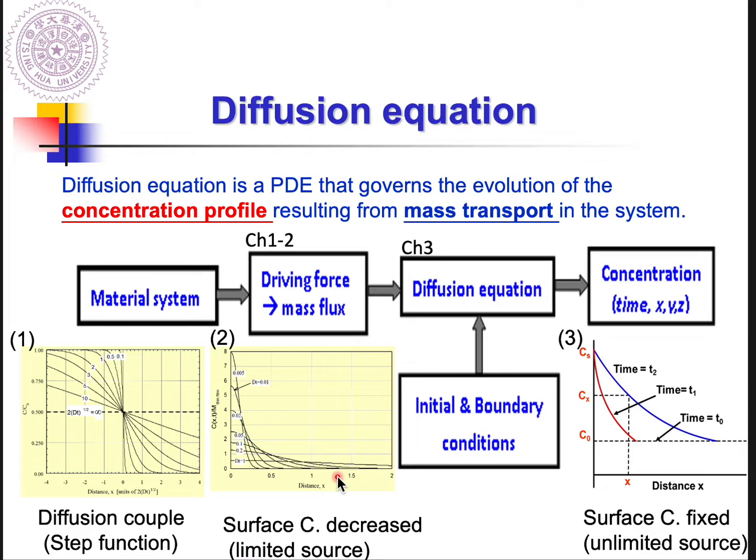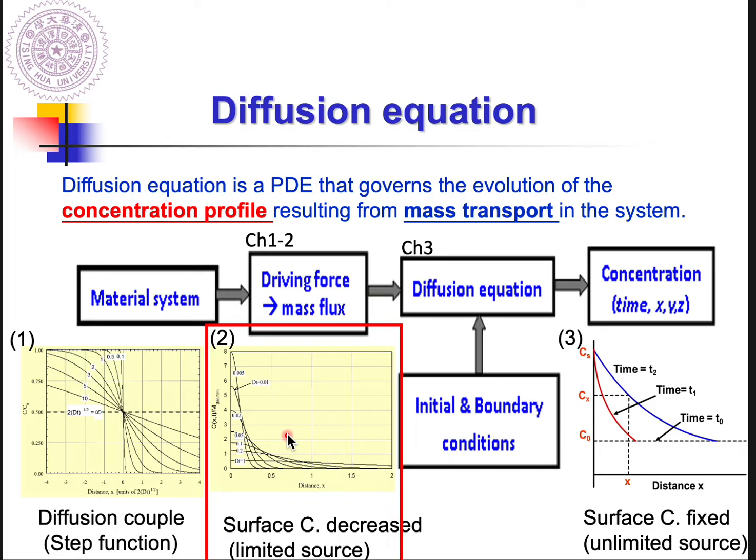So we successfully get the solutions for the diffusion couple. Then next we are going to talk about case 2, which is when we deposit a thin film either on top of a substrate or inserted into a matrix.